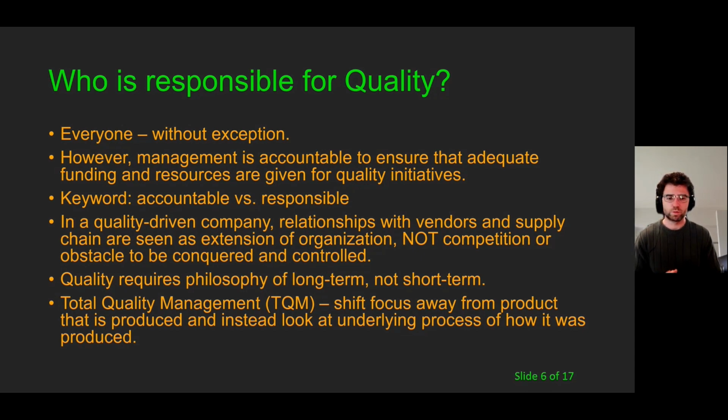Just one more point on the cultural side of things. When we talk about quality and some of these quality principles, you'll notice that at the forefront is really the interweaving of other project management philosophies and principles.